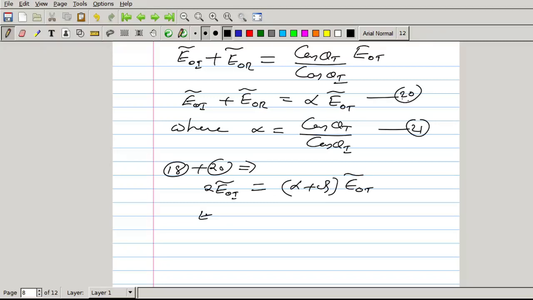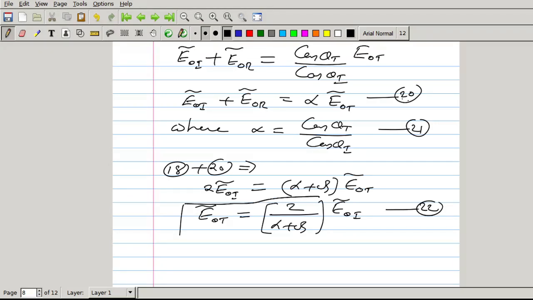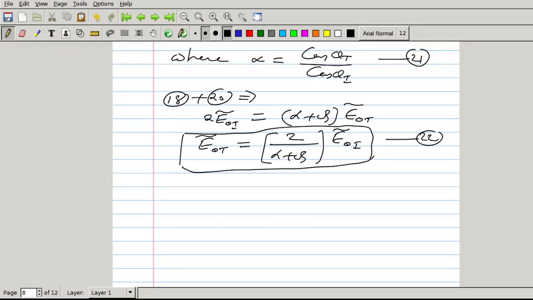Or E0t is equal to 2 by alpha plus beta into E0I. This is equation 22. The transmitted wave amplitude is 2 by alpha plus beta E0I.